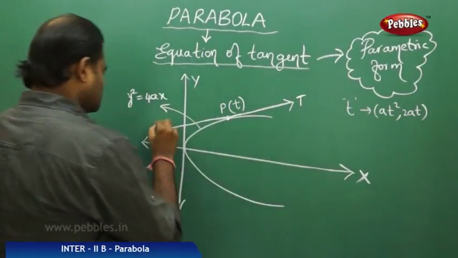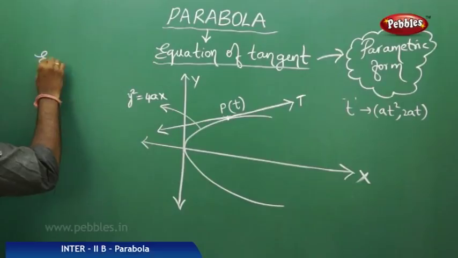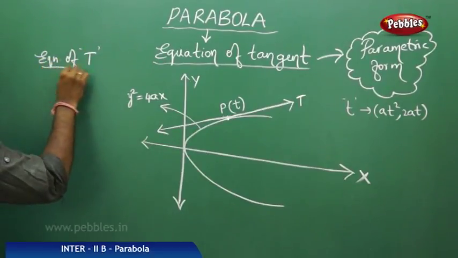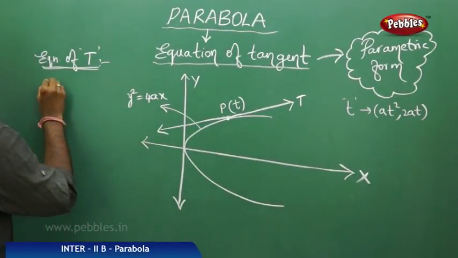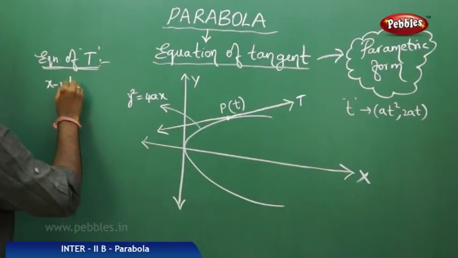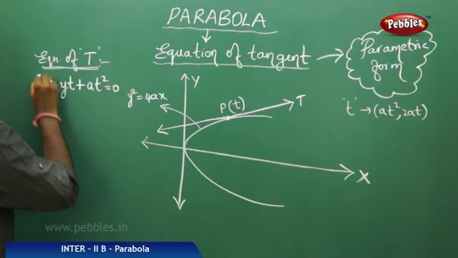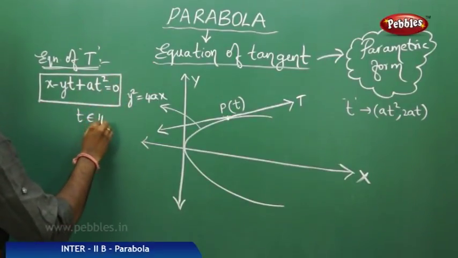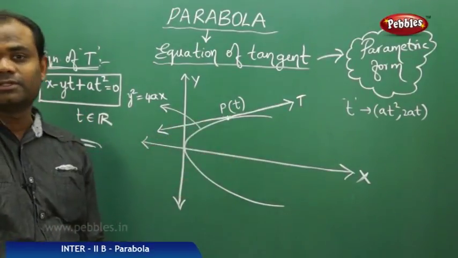If this is the tangent to the parabola, then the equation of tangent in parametric form is given by x minus yt plus at square equal to 0, where t belongs to real numbers, is how we define the equation of tangent at the parametric point t.